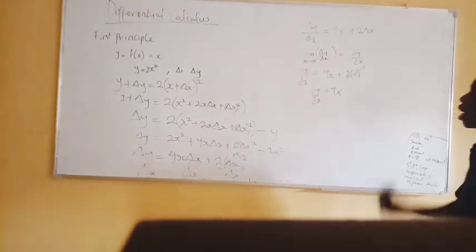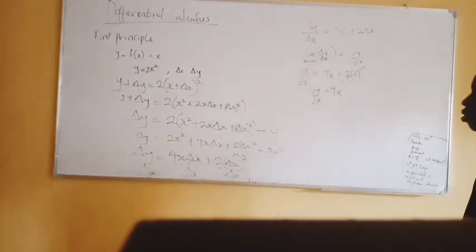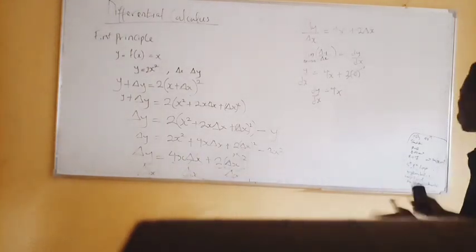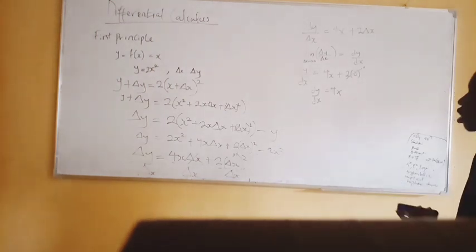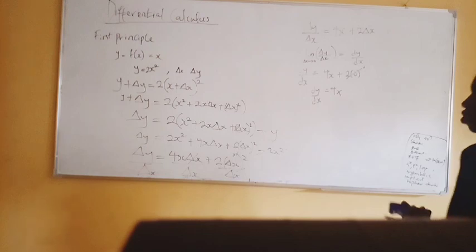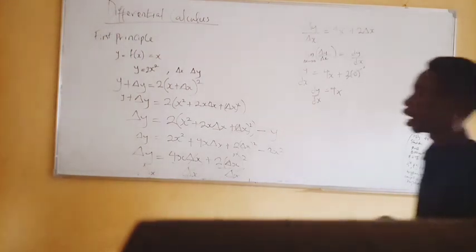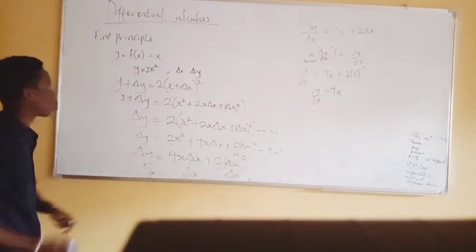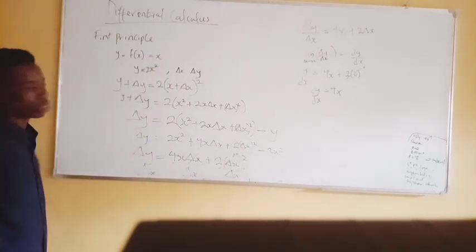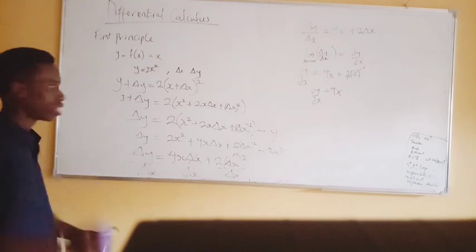So, having seen this in first principle, this first principle also helps us to find standard derivatives. What do I mean by standard derivatives? In the first equation I used, y was equal to x. That's a standard derivative.